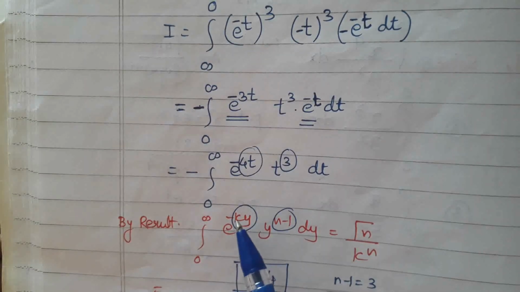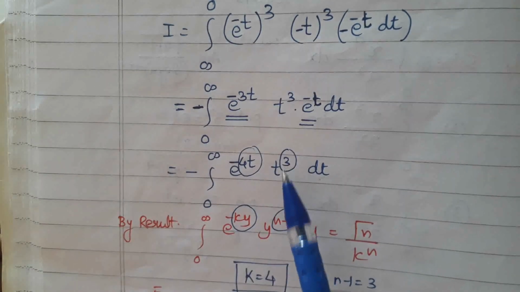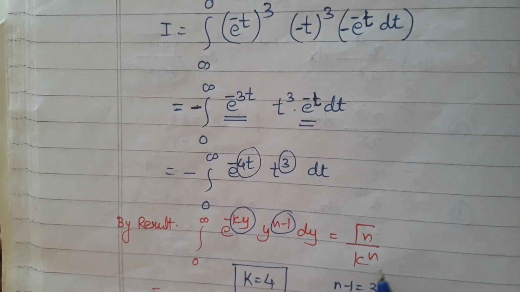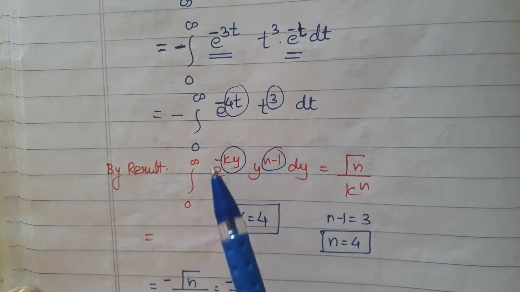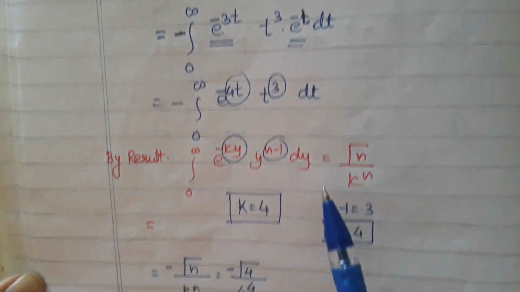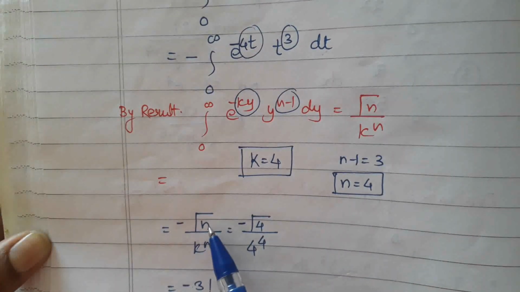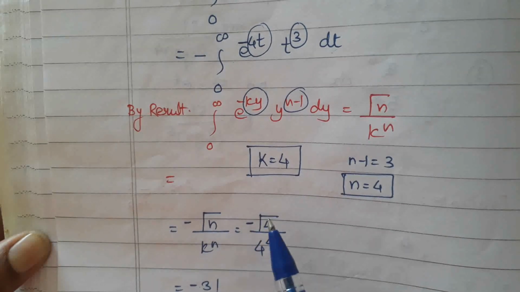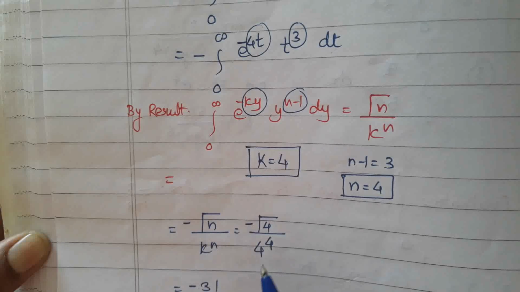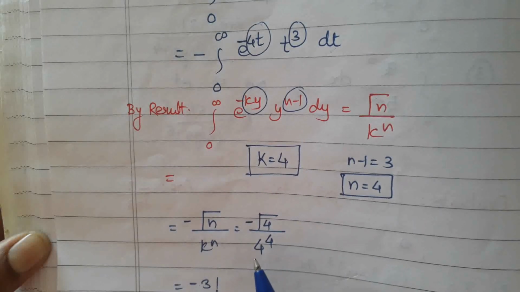Value of k is equal to 4. n minus 1 is equal to 3, so n is equal to 4. So the value of this integral using the transformation of the gamma function is minus gamma n upon k raised to n, which equals minus gamma 4 upon 4 raised to 4.